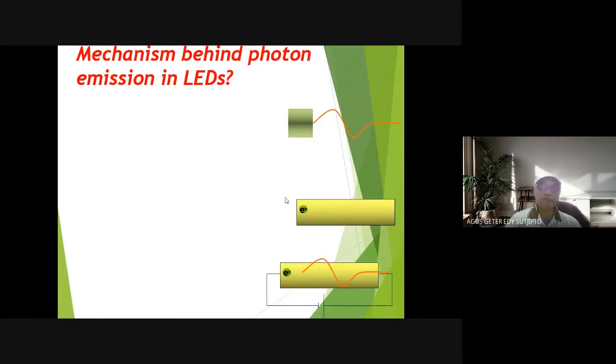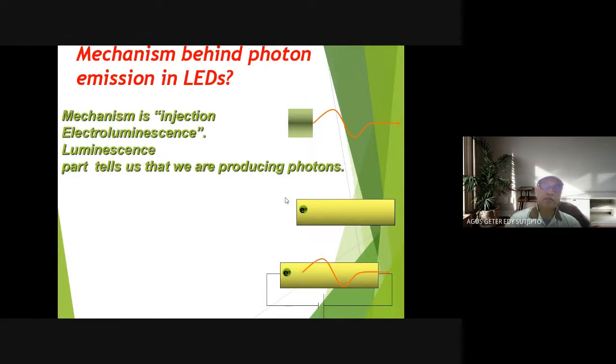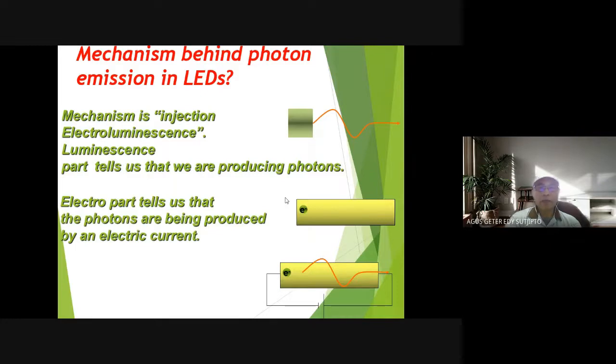So the illustration of the LED is because of the injection of electrons into the semiconductor, like in this middle. So this electron is injected from the left to the right, especially in the P region.